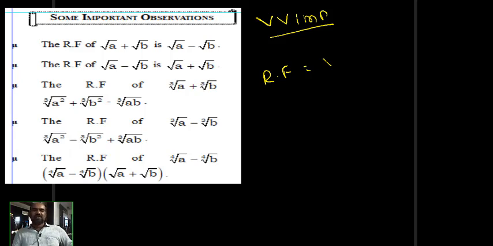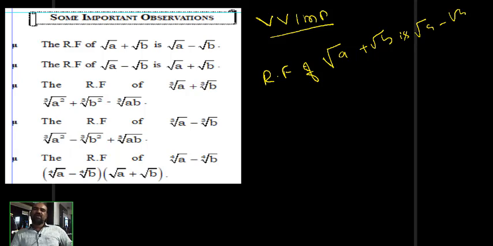Now I am going to explain how to find the RF for binomial surds. Okay, interesting. Root over A plus root over B is given. The RF of root A plus root B is obviously root A minus root B only.